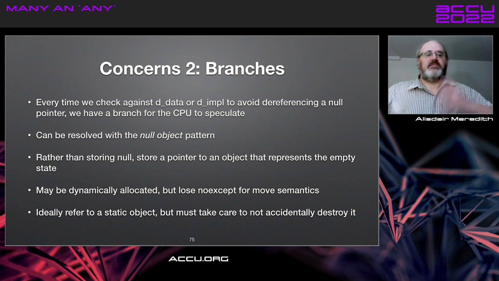So I can have all these different any objects in their empty state, all pointing to the same null object. But now I've got to be careful when I destroy the any, that if it's pointing to the null object, I don't actually run the destructor.